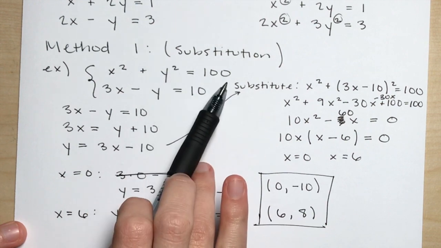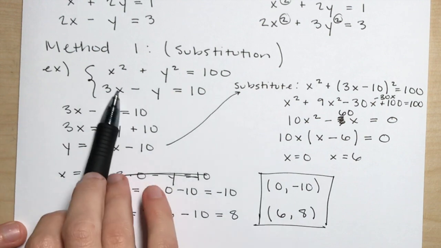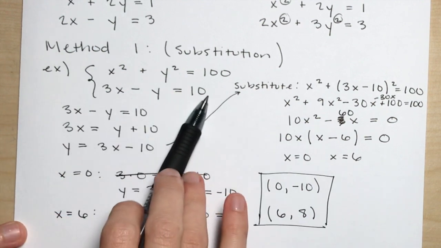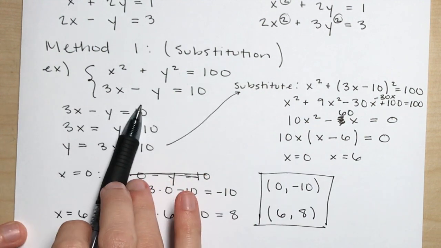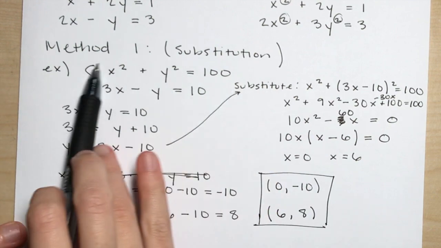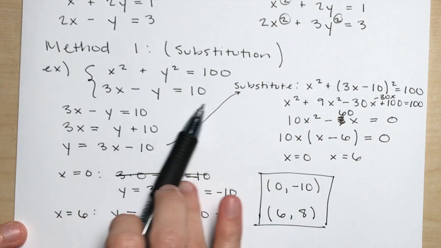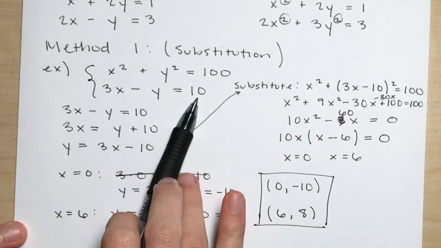Whenever we take the square root of something, it's positive or negative. The problem with that is that only negative 10 is going to also fit with this equation. So the solution 0, 10 would make this equation correct, but it would not make this second equation correct, so it is not a valid solution for this whole system.